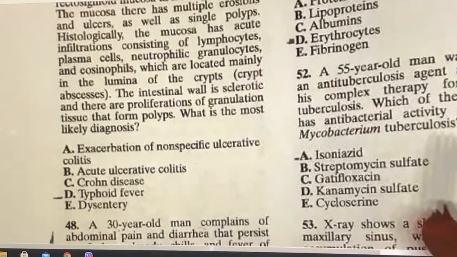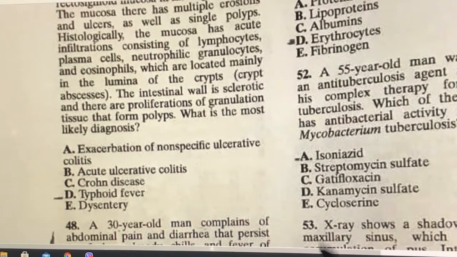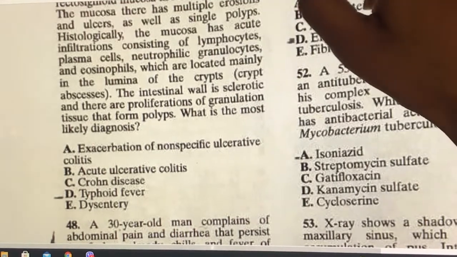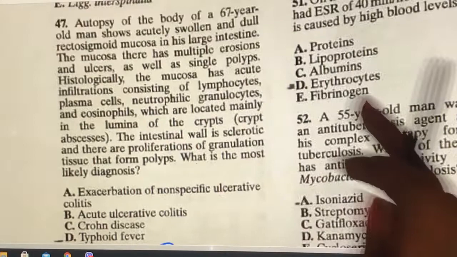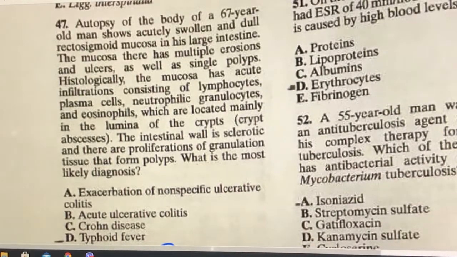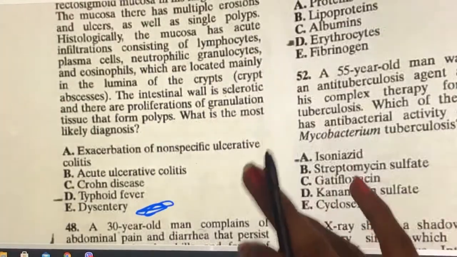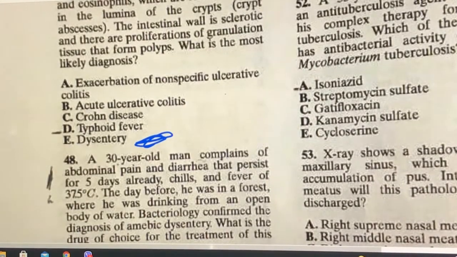Acute ulcerative colitis, no. Crohn's disease, no. Typhoid fever, it cannot be because they didn't give anything about typhoid. Dysentery is the right answer because in dysentery you can see all these problems like multiple erosions, and mucosa containing all these cells. So the most correct answer is dysentery.